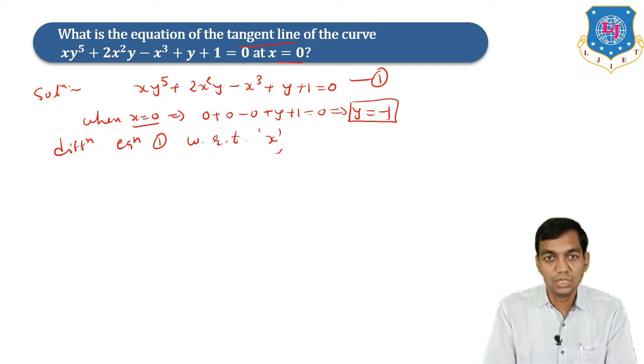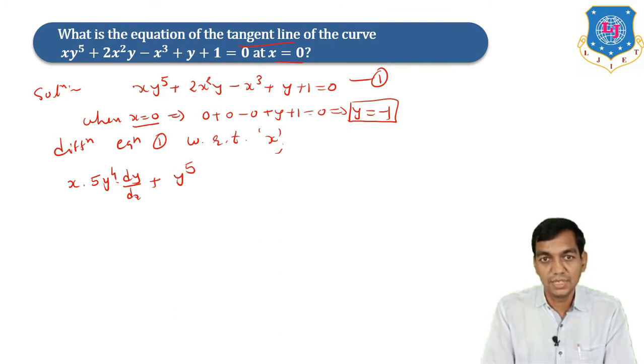And that will give you, here you are differentiating with respect to x. First x as it is, derivative of y raised to 5 is 5 into y raised to 4 into dy by dx, plus y raised to 5 as it is, derivative of x is 1, so no need to write.